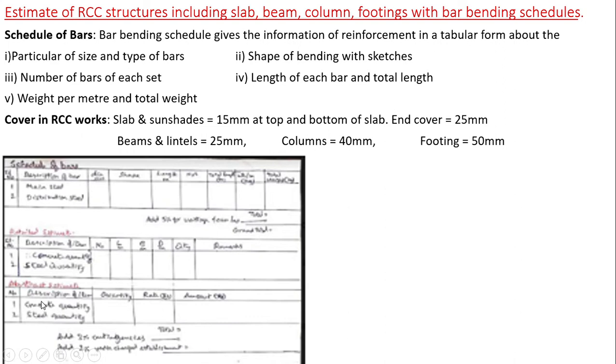It has the columns like number, description of item, quantity, rate in rupees, and amount in rupees. For the total, 3% contingencies and 2% work charge establishment is added to get the total estimate of RCC member.